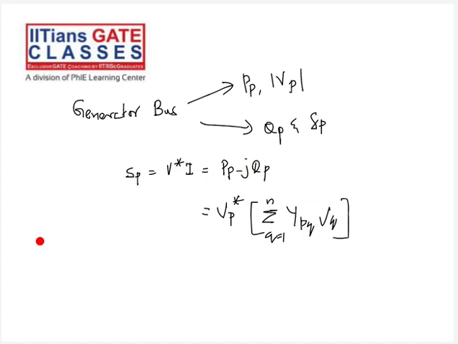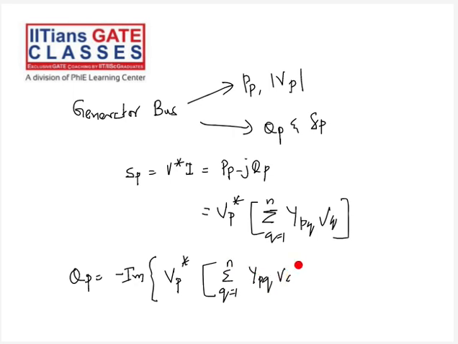So one of the things that we don't know is Qp, right? Qp is the negative imaginary part of Vp conjugate times that sum.